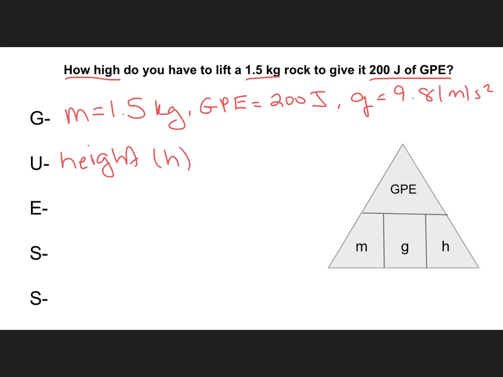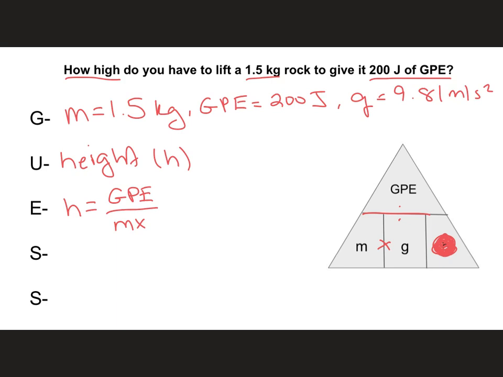Now, E is for equation. Going to our triangle, I'm going to cover up the h because that's what I'm trying to find. You can see that next to each other, they're going to be multiplied, but then I'm going to divide the GPE on top of that. Writing it out, h equals GPE over m times g.